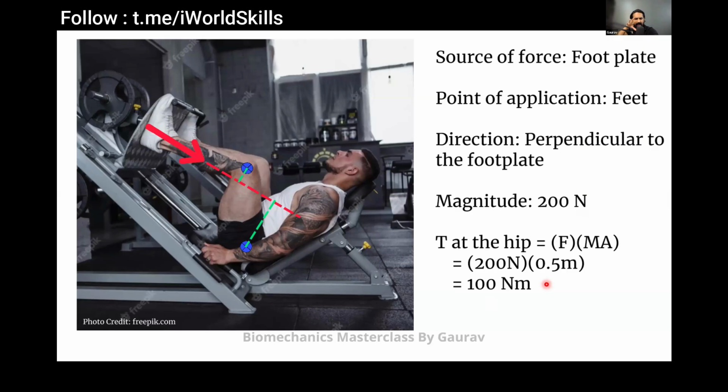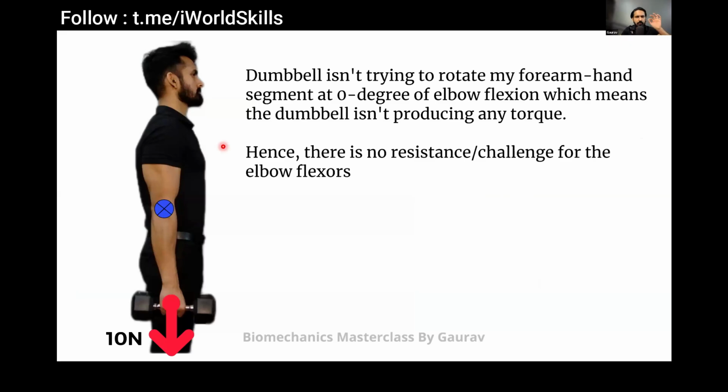If we analyze the entire range of motion of an exercise, things will change. Torque will change. The challenge for the muscles will change. And that is exactly what I'm going to teach you now. How to analyze the entire range of motion of an exercise. Let's do that. Now, to understand this, we are going to be picking up the example of the dumbbell curl exercise.